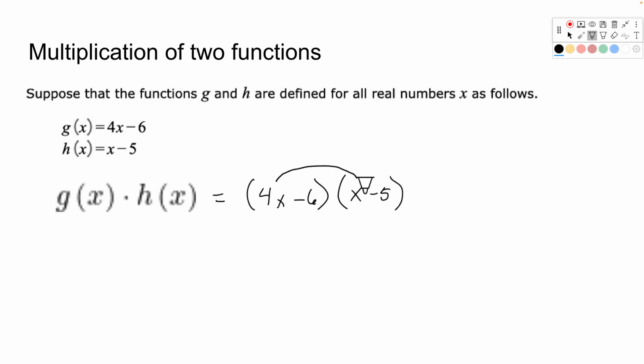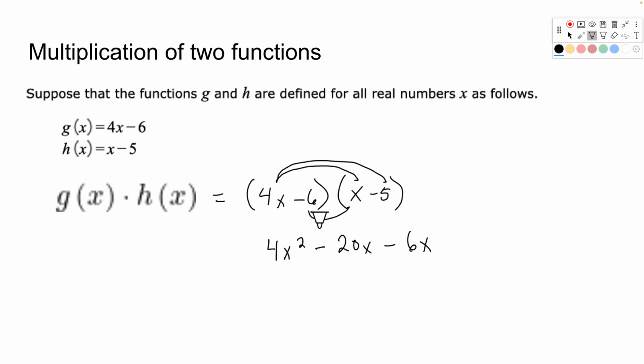But we want to use FOIL, so we multiply the first 2 terms, and we get 4x squared. We multiply the outer terms, so that's 4x times negative 5, which gives us negative 20x. We multiply the inner terms, so negative 6 times x gives us negative 6x.